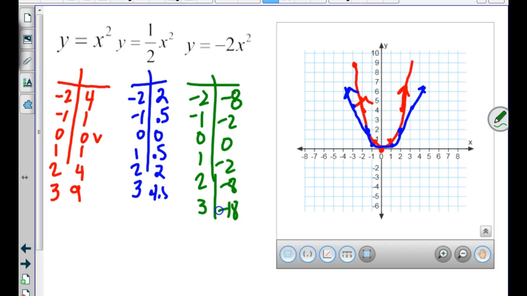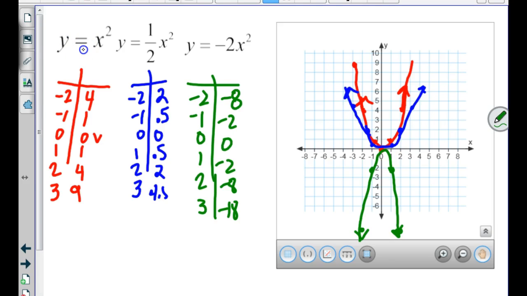So the 2 things this one does are it makes it skinny, right? It goes over 1 but down 2. And if we go out 2, instead of going down the 4 that you would normally go down, you go all the way down 8. So it is very skinny, but the negative also made it go down, right?